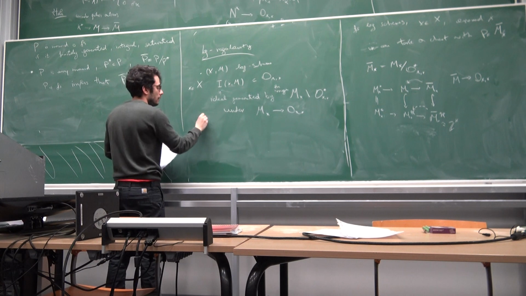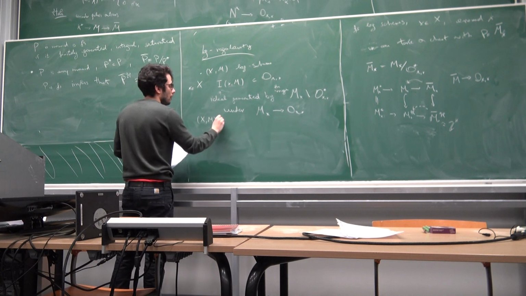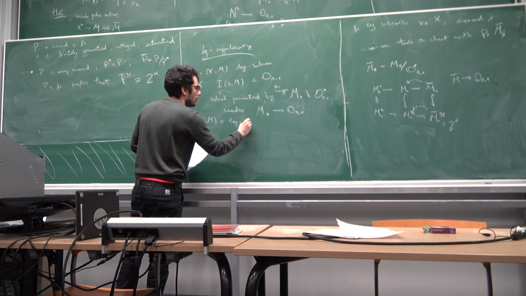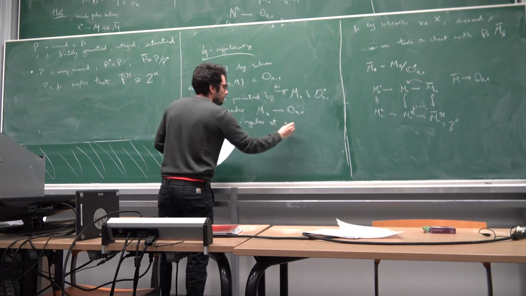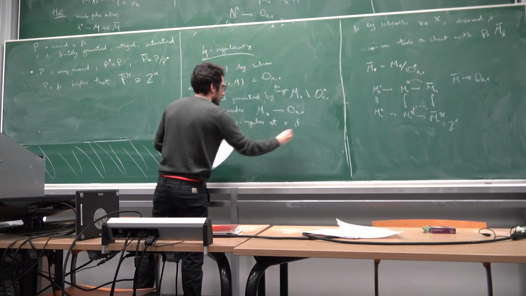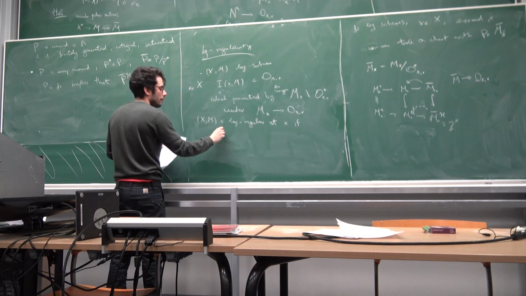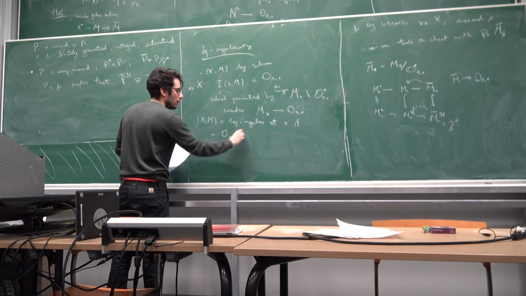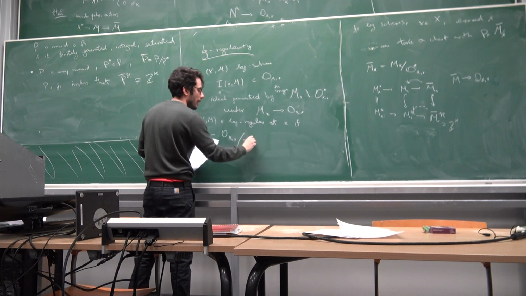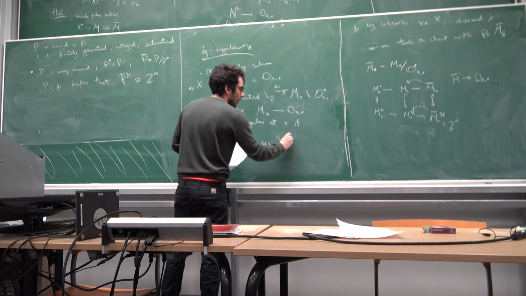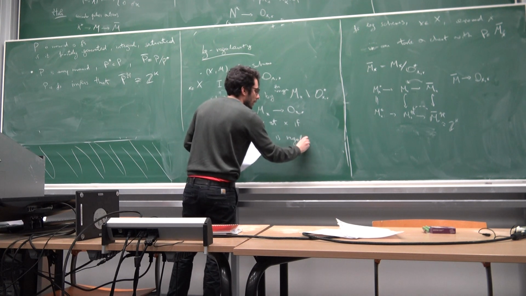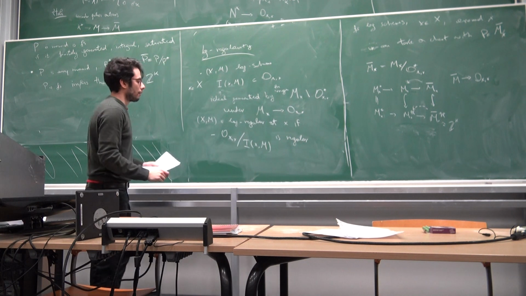Now X is log regular at x if, first of all, we want that the quotient of the local ring by this ideal is regular in the classical sense, so it's a regular local ring.